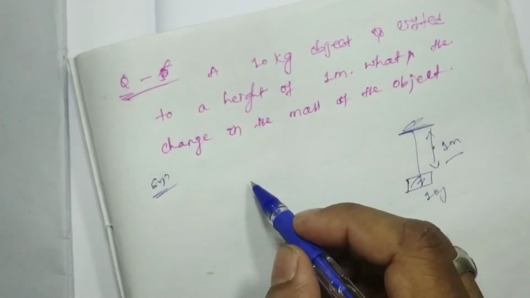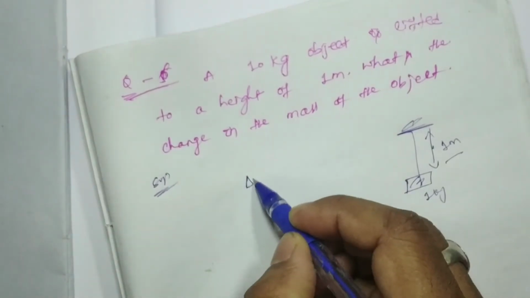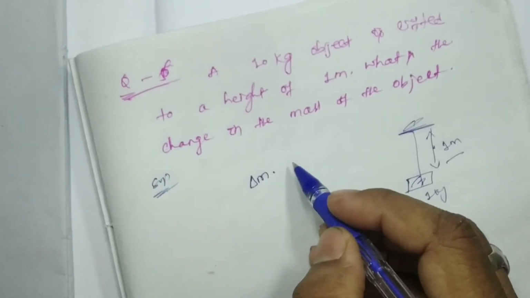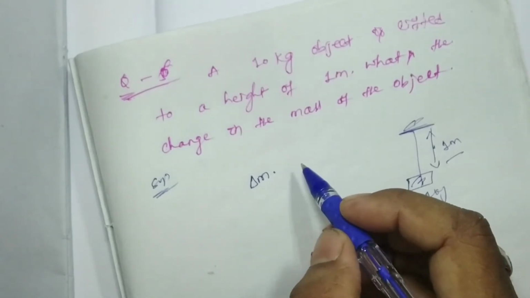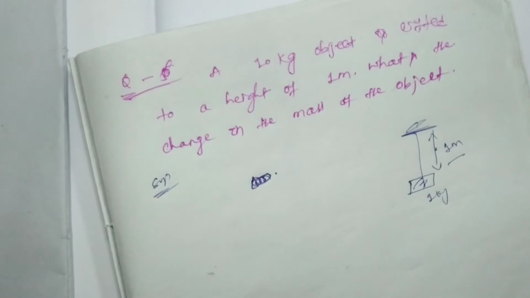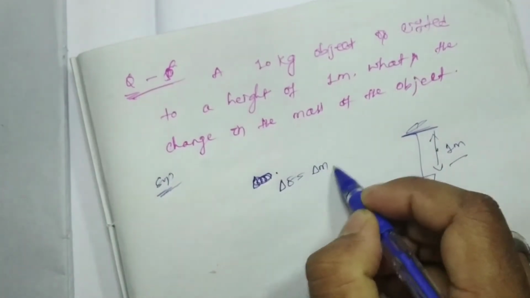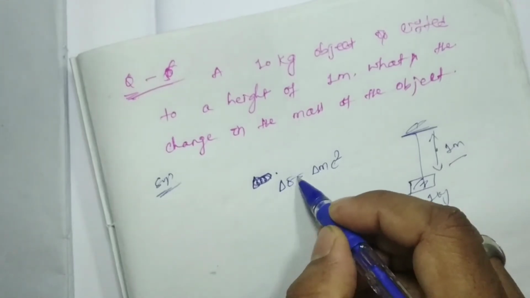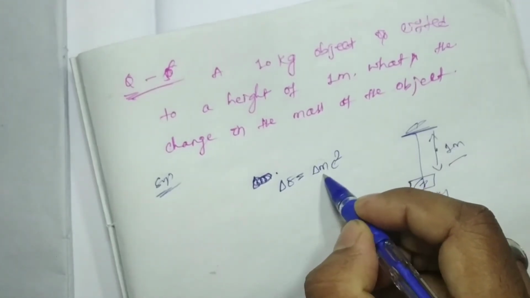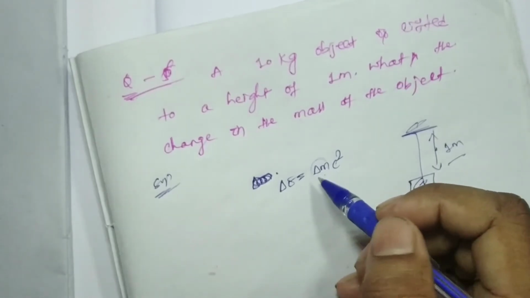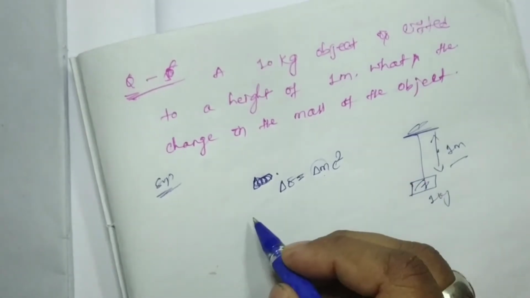According to the mass-energy relationship, del E is nothing but del m c square. So change in energy is equivalent to change in mass, or change in mass is equivalent to change in energy. That we know from the mass-energy equivalence.